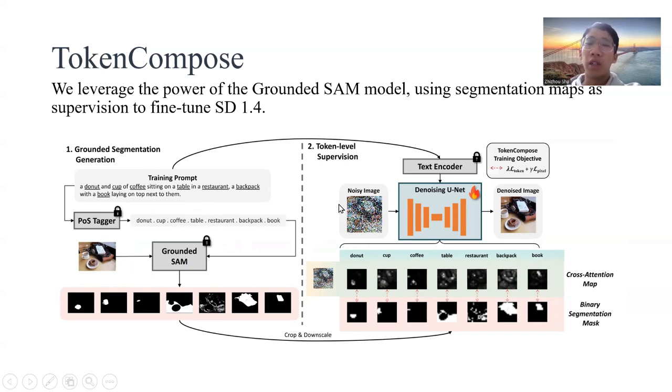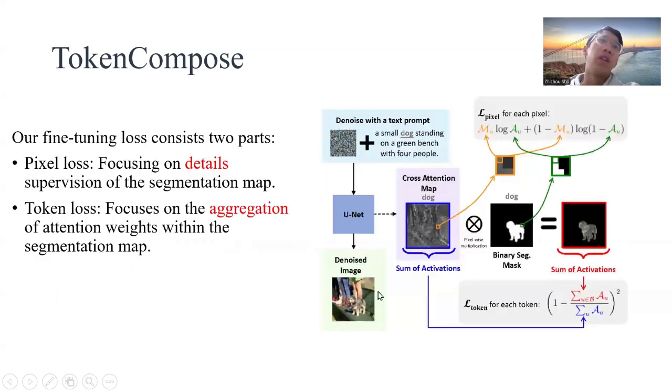During the fine-tuning process, in each fine-tuning step, we extract all the attention maps from the UNet, and we apply our newly designed losses between the cross-attention map and the generated binary segmentation map. Here are the details about two kinds of losses. For the first kind, we use pixel loss. Pixel loss focuses on the details of the supervision from the segmentation map.